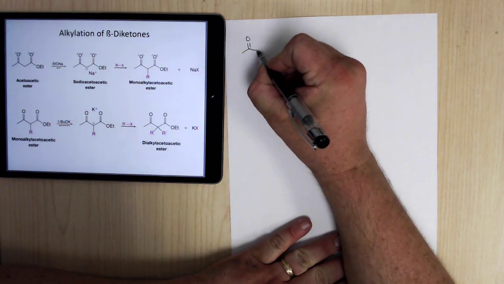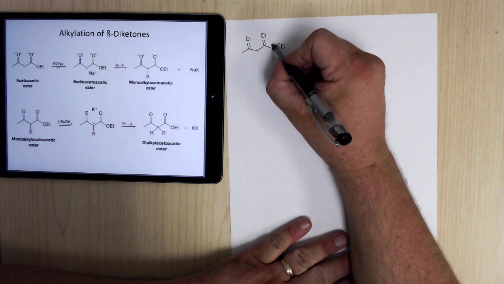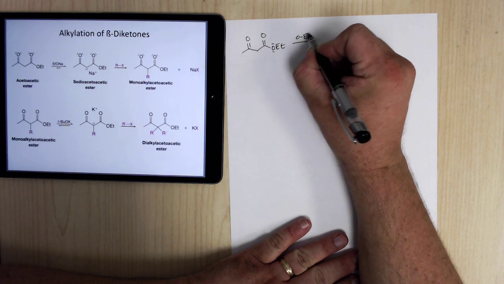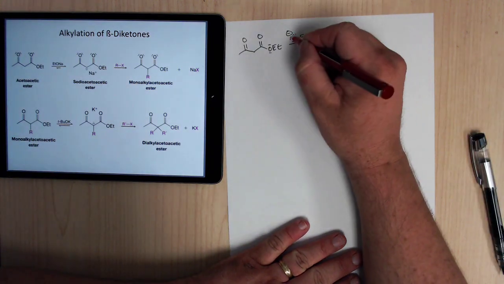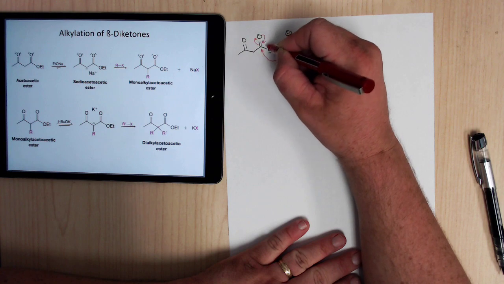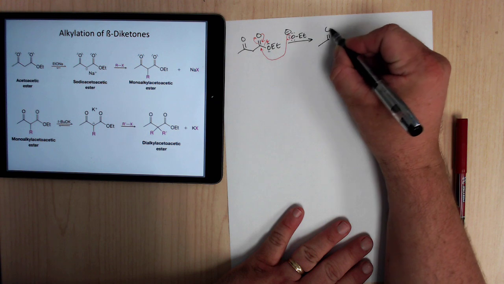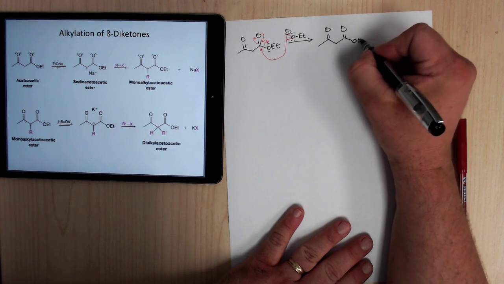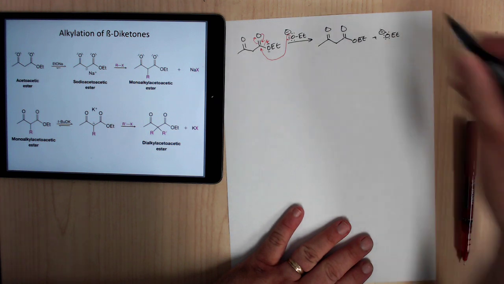So you try to match these things up. If your base decides it wants to be a nucleophile, and this attacks here, up, down, kick away, which it certainly does, what you're going to get is O-ethyl, plus like that.